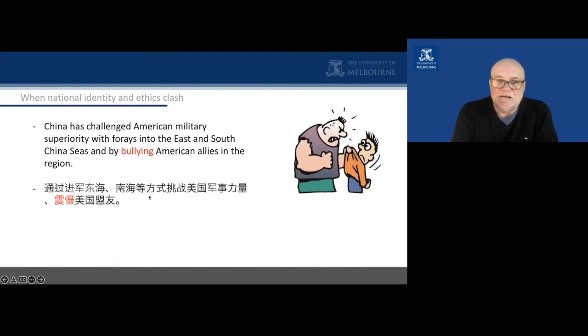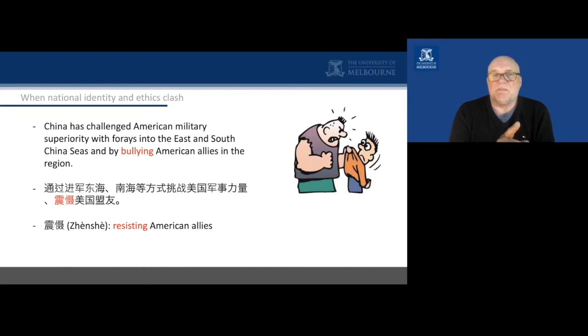Now, this one student didn't translate bullying as bullying. It was translated as resisting. My Chinese, I can't judge the power of that, but it's changing the sense of the text, okay?